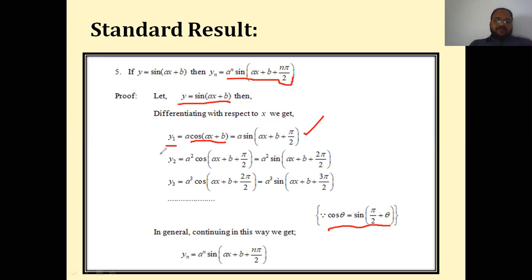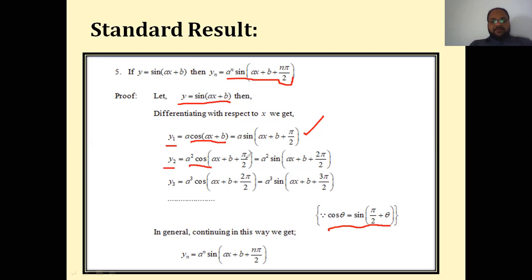Now when you find the second derivative, we get y2. Keeping this a as it is, sine becomes cos, the angle is ax plus b plus pi by 2, and the derivative of this angle is a. So a into a becomes a square. But we want the result in terms of sine, so we convert this cosine into sine by adding the angle pi by 2.